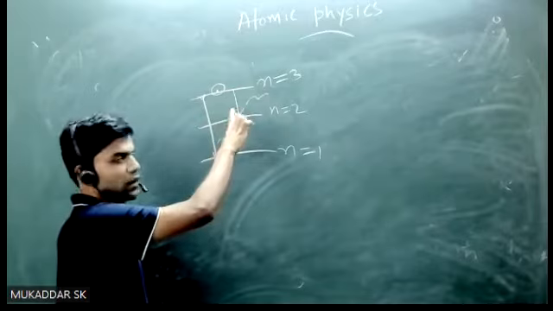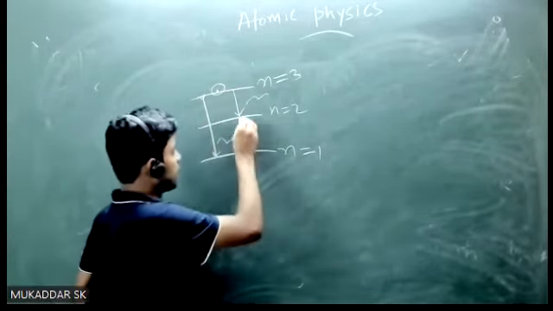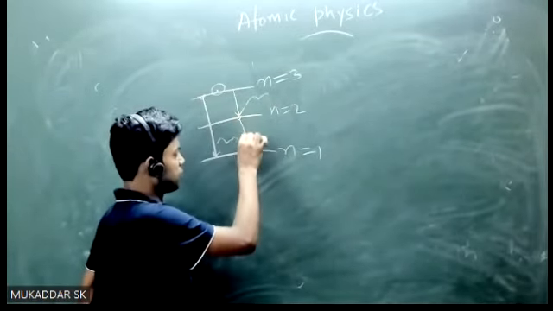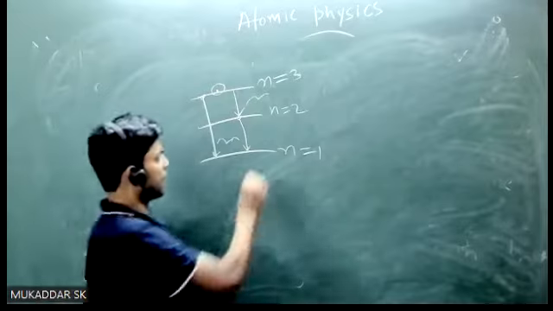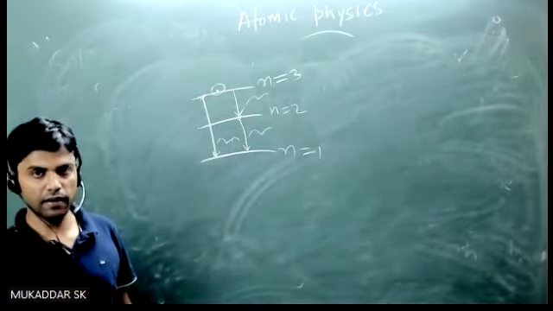Since these gaps are different, they have different wavelengths. Another possibility: the electron comes to n equals 2 and makes a transition from n equals 2 to n equals 1, so you get another photon. So you get 3 emission lines.